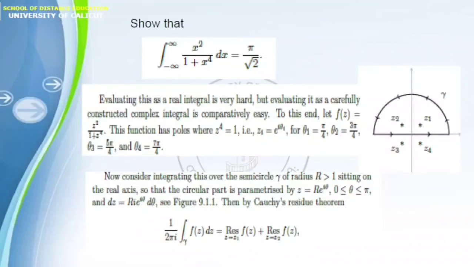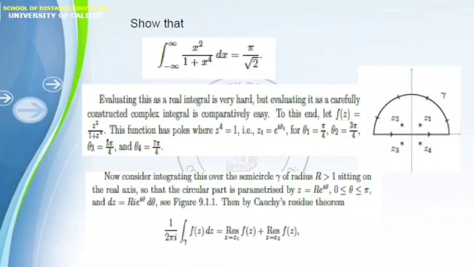Now consider integrating over this. We can take z1 and z2 as the poles which lie in the upper half plane of the circle given.